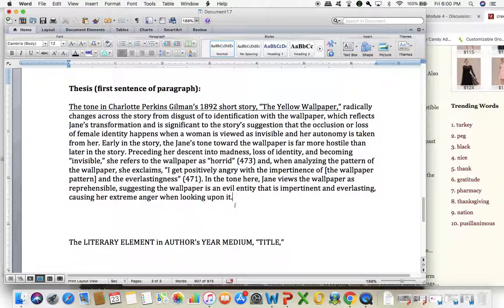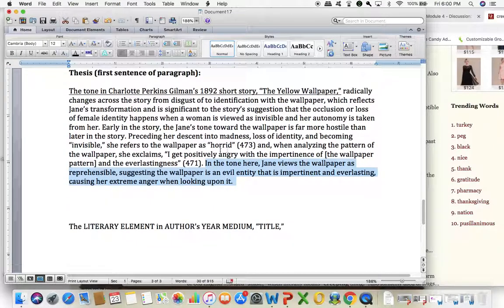I might even add that. So all of this here is doing the job of pointing back directly to things that are coming from the quotations, that the wallpaper is impertinent, it's everlasting.